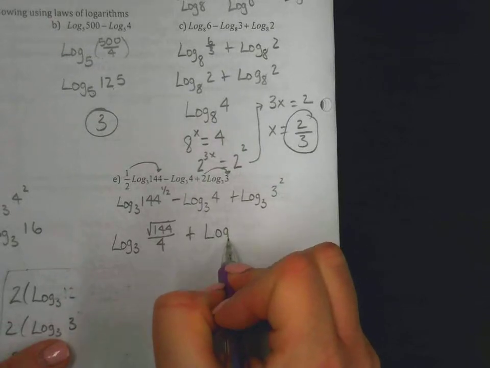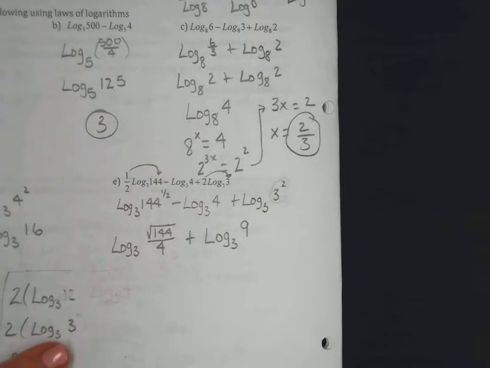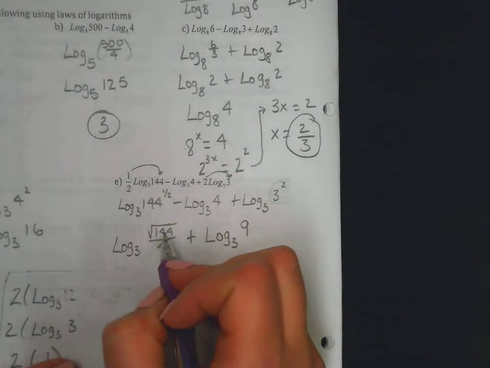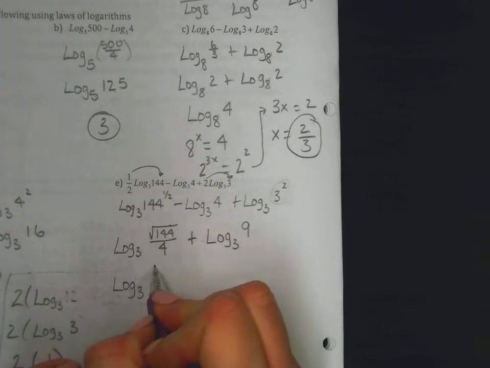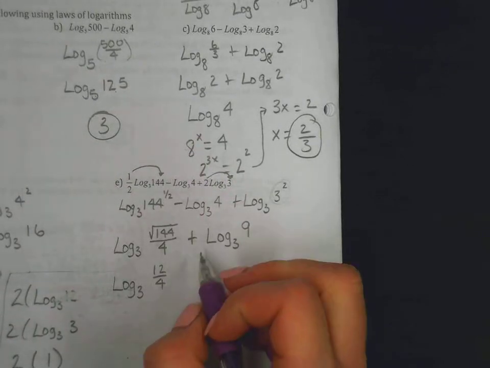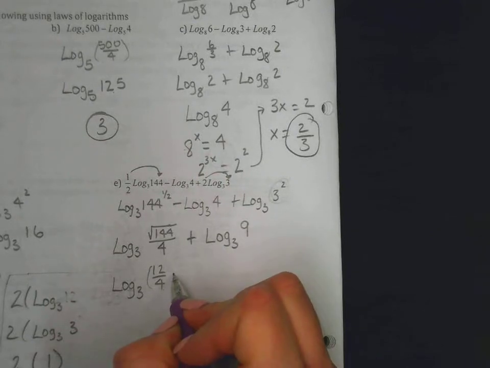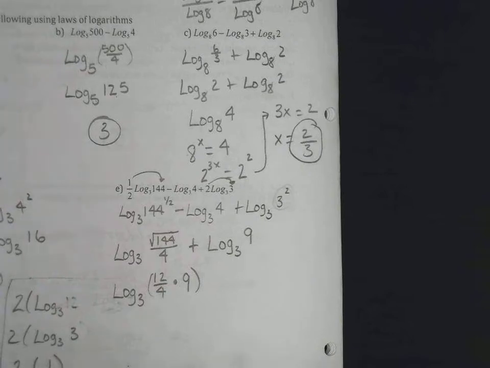And then we have log base 3 of, and I'm going to evaluate 3 squared, which gives me 9. All right, so now I'm going to take the square root of 144, which is 12. And then this plus means I'm going to multiply it by this value, so I have to multiply that all by 9.